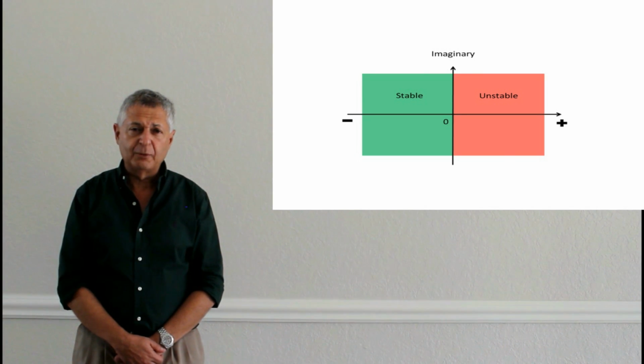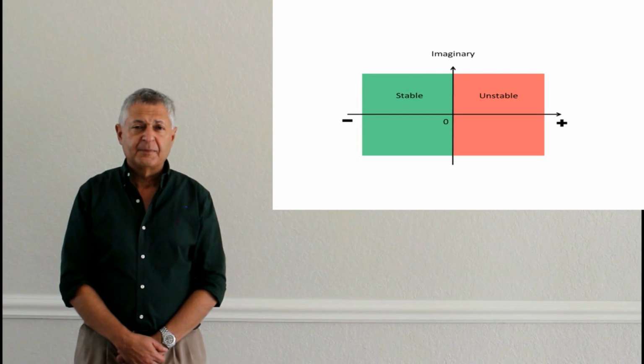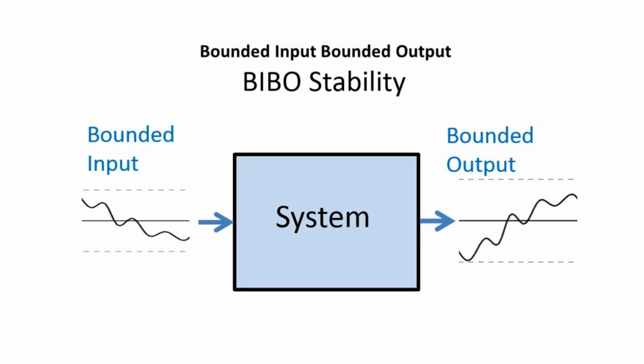Now, in stability, we talk about BIBO stability. What is BIBO stability? BIBO stands for bounded input, bounded output. It means that if for literally any bounded input, you always get bounded output, then we call it a BIBO stable system.